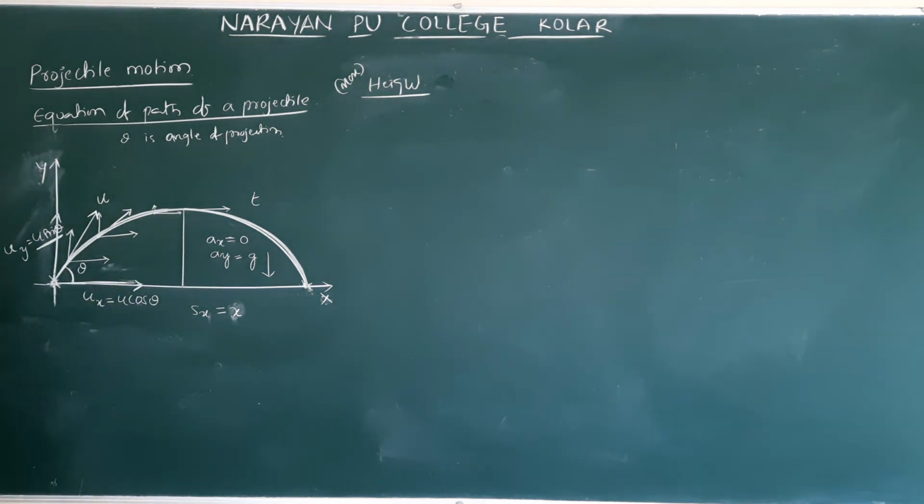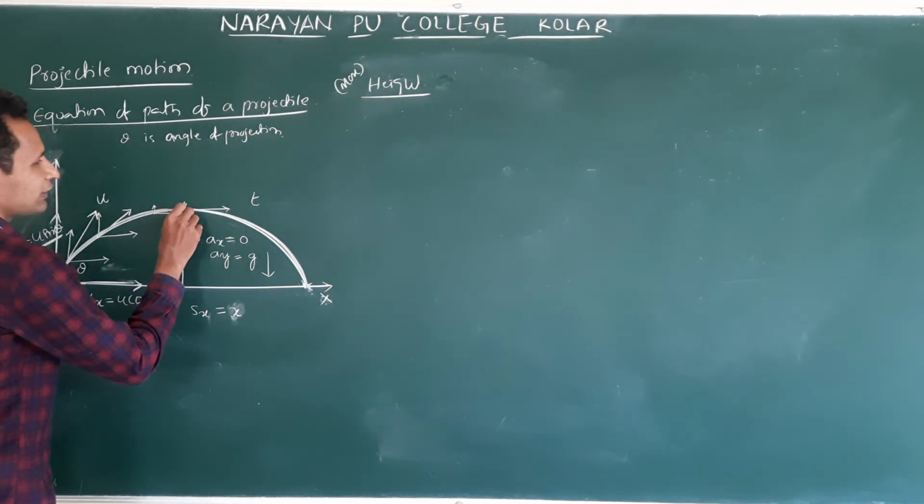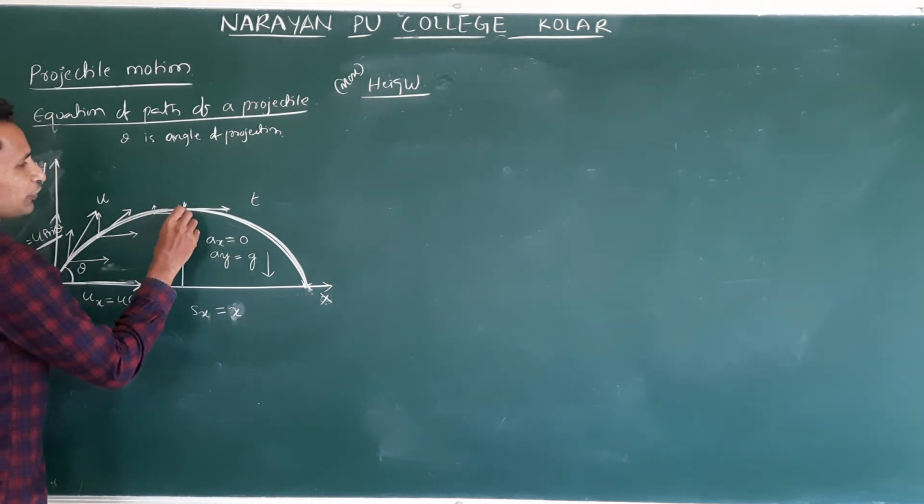Clear? Maximum height: how do we say in this figure where the height is maximum? This point. Here, which velocity is 0, and at maximum height which velocity is acting?